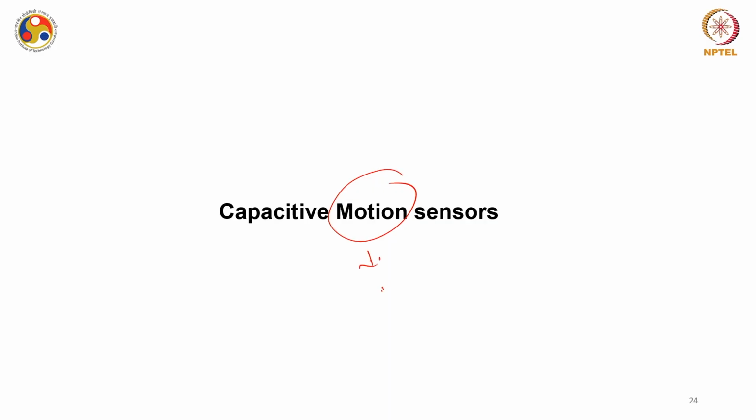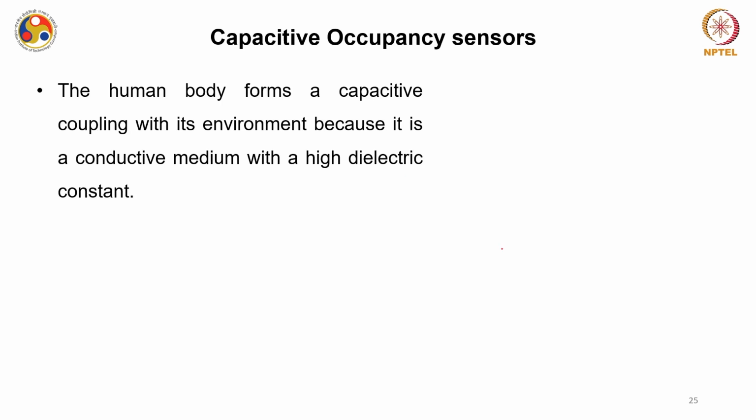Then we also have capacitive motion sensors. We'll see an example of a practical capacitive motion sensor, or at least, if not motion, a capacitive occupancy sensor. So let's see an example of a human body or movement of a human body.